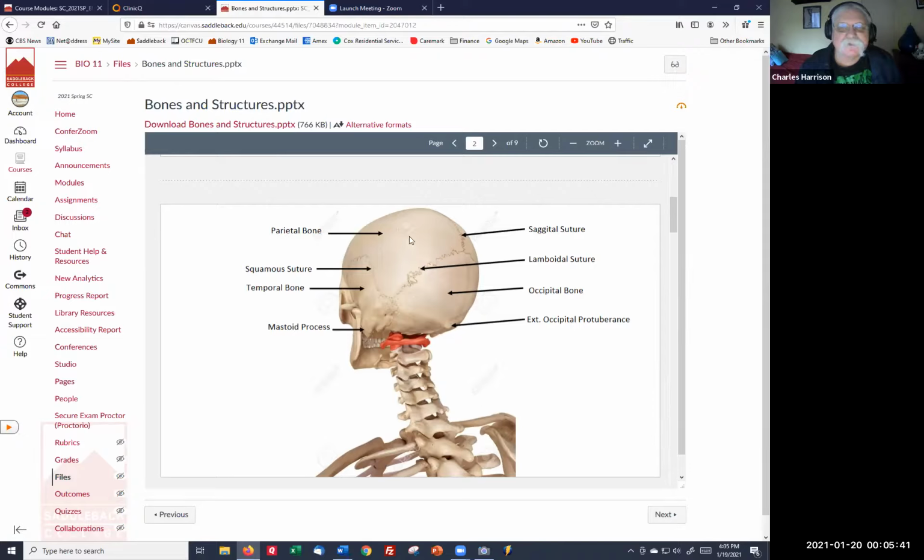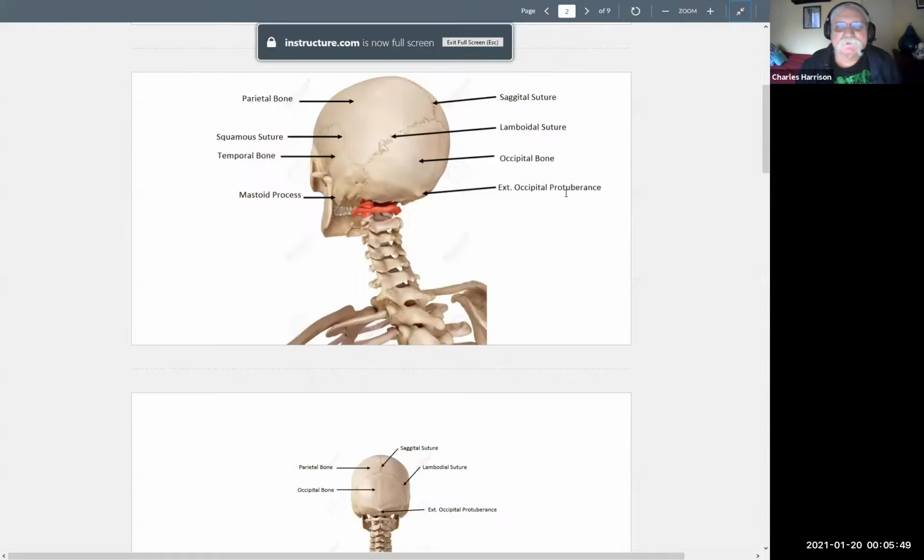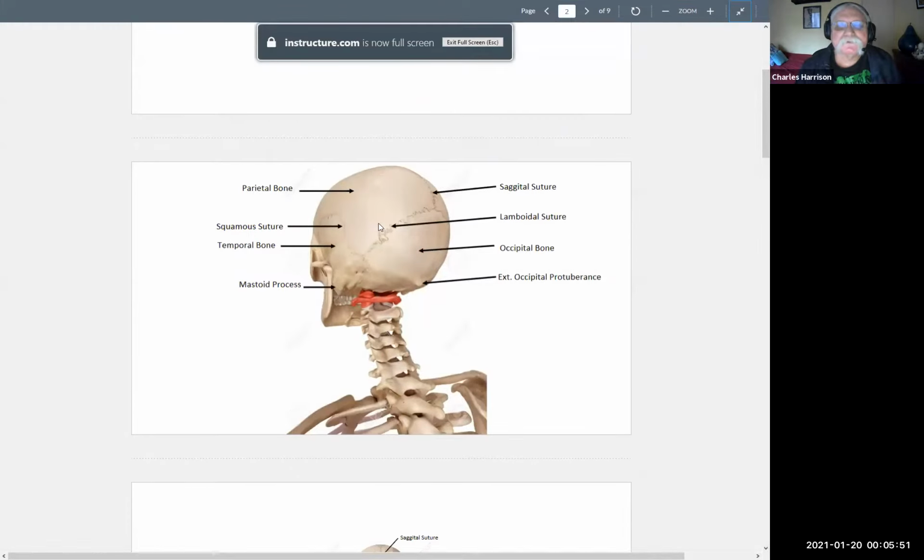The large bone that we passed a while back, we saw it from a different angle. This is the parietal bone. Here's a suture right down the middle, the sagittal suture. Sagittal, if you remember sagittal plane, when somebody's cut, it's straight down the middle.